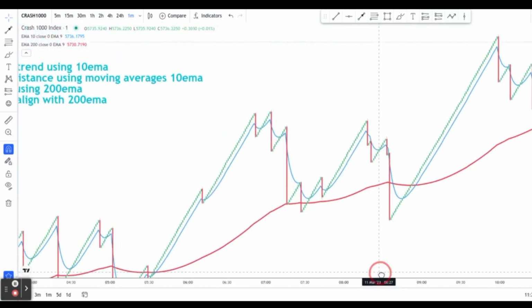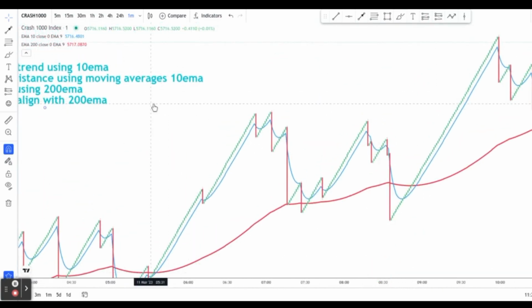So I have explained this moving average. I have explained the calculation that the moving average calculates the total price for the given period. You understand? So they calculate the total price of the given time frame, assuming you are using 10 EMA now.